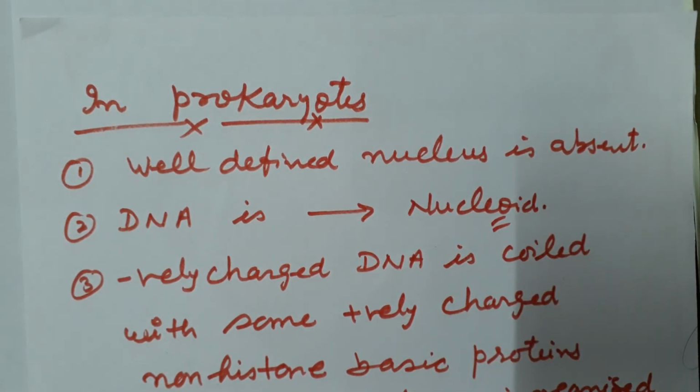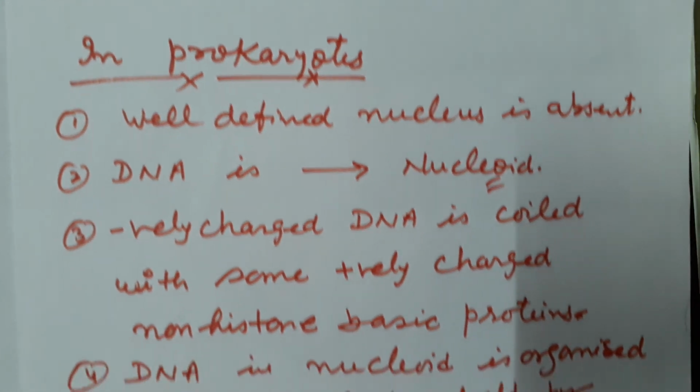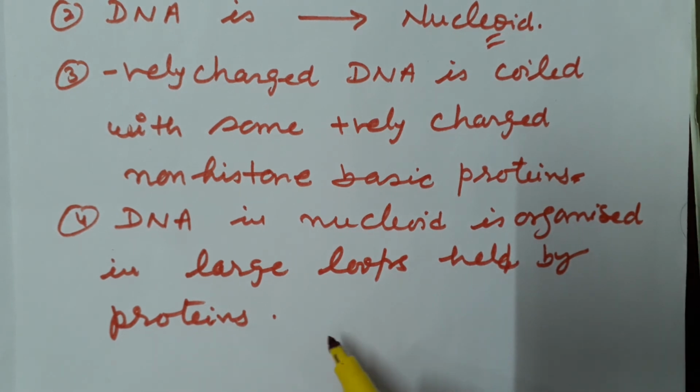The negatively charged DNA is coiled with some positively charged non-histone basic proteins. In prokaryotes, histone protein is absent; non-histone basic protein is there. The DNA in the nucleoid is organized in large loops held by these proteins.